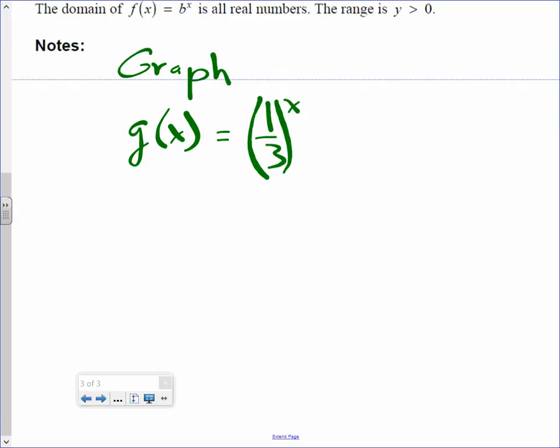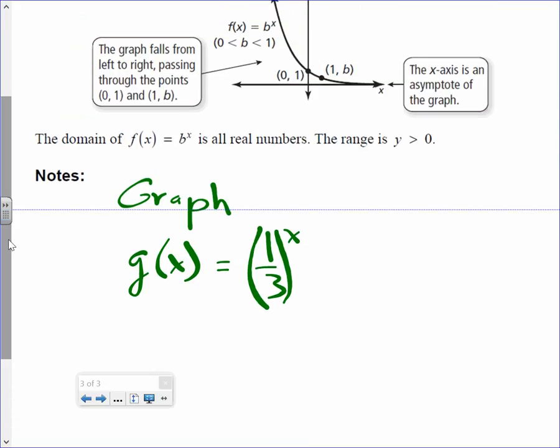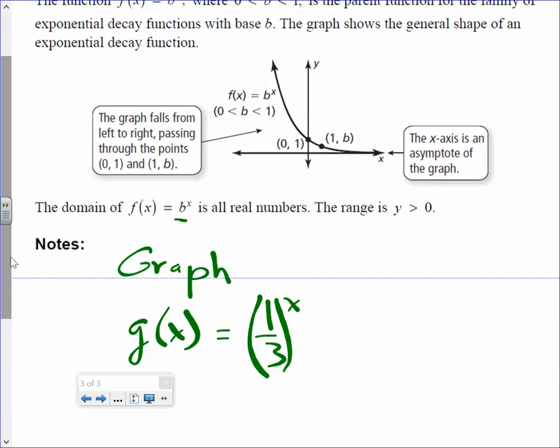That's how you know we're dealing with a decay function, because of the value of b, remember b to the x power? Look at the way they describe it: it's greater than 0 but less than 1. Well, that means it's a fraction. If you have a fraction for the b value and you have the exponent, it's going to be a decay function as opposed to a growth.